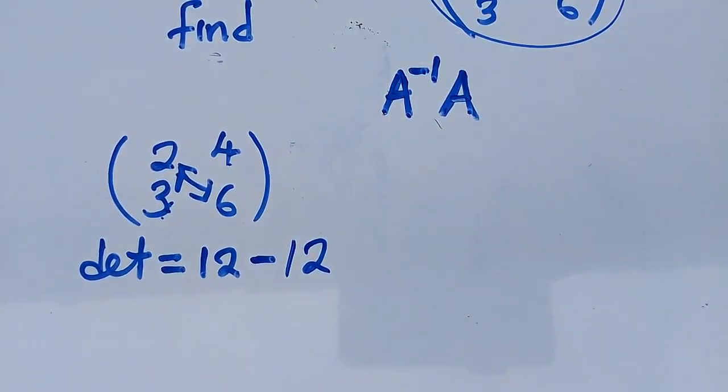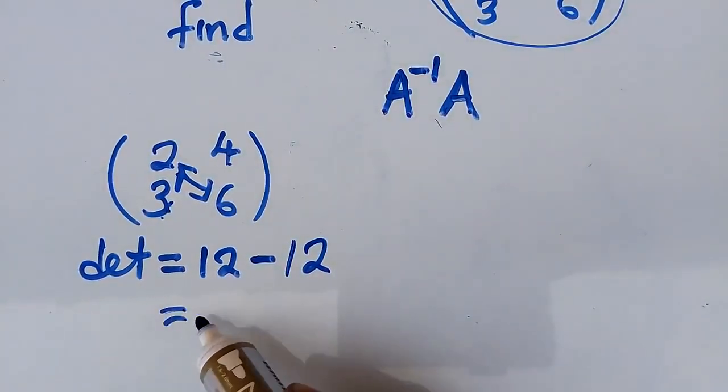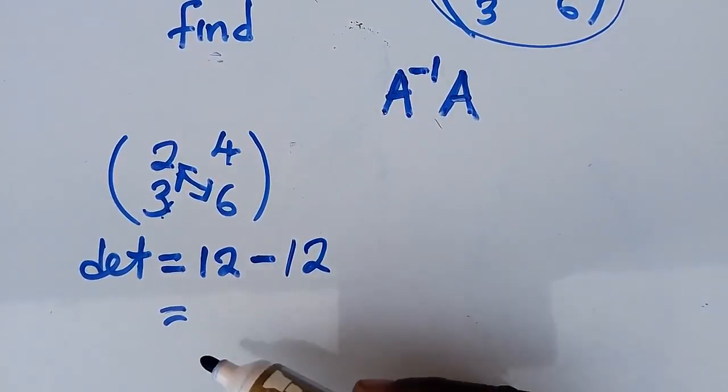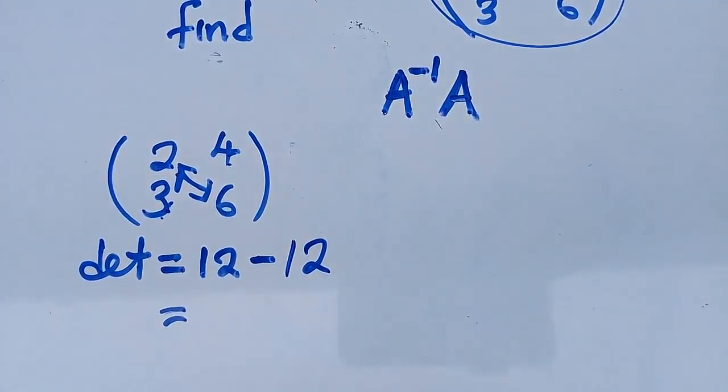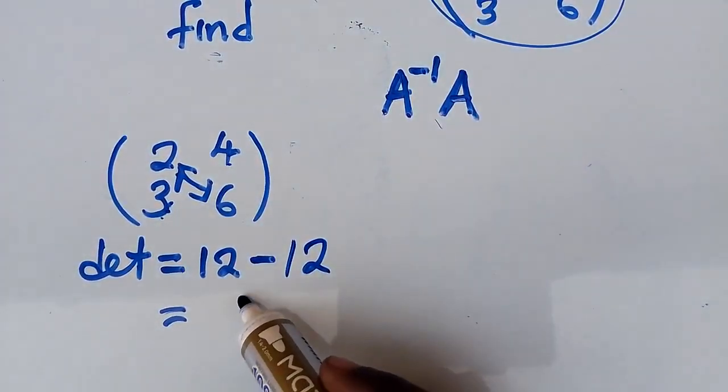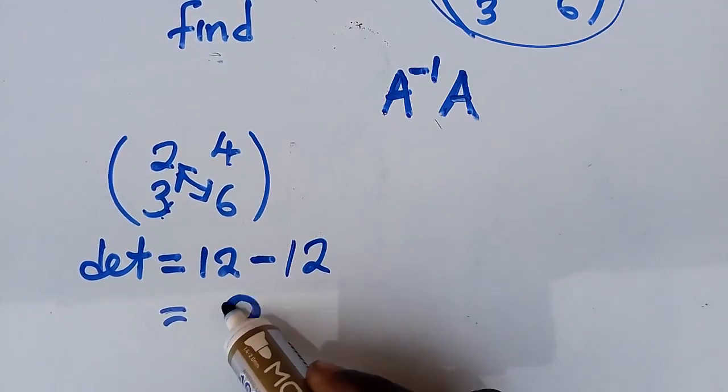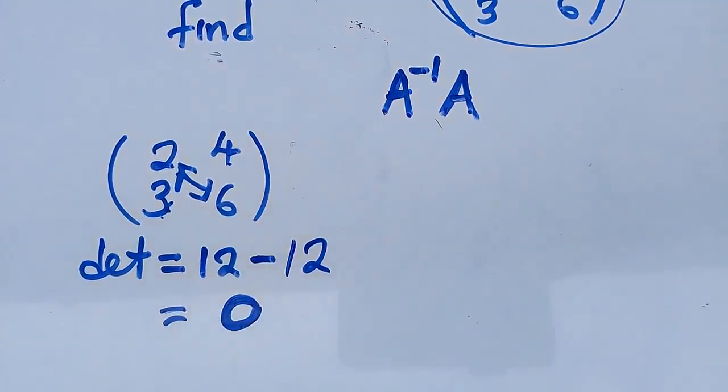So once we are getting a 12, what is our determinant? Our determinant is 0. Have you seen the 0 here, which is the determinant?